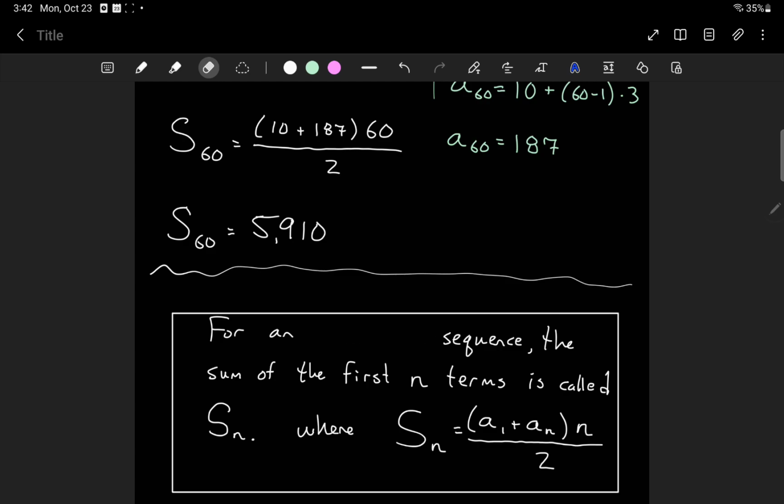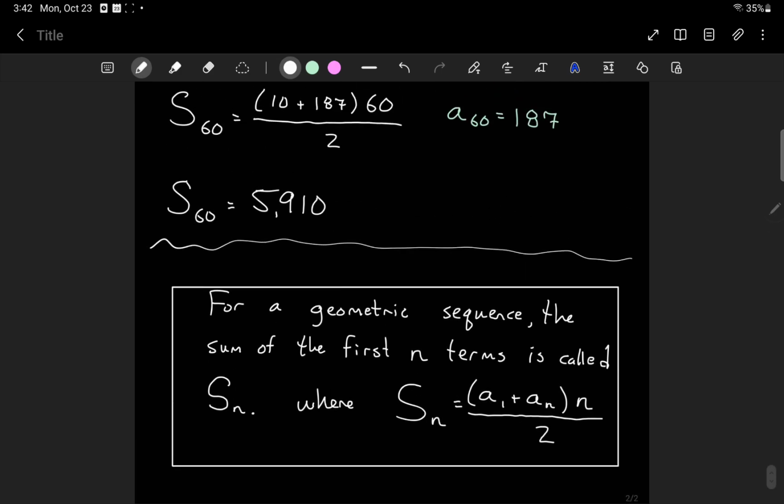All right, for a geometric sequence, the sum of the first n terms is called S sub n, where S sub n is, and then this one, I'll just ask you to memorize it, but it's a sub 1 times 1 minus r to the n divided by 1 minus r.